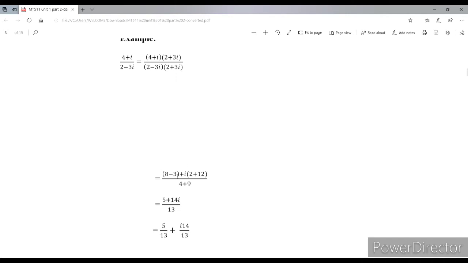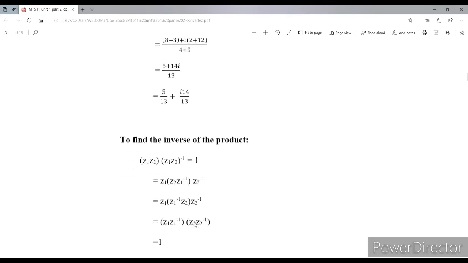A square is 2 square 4, minus b square is 9i square, but we know that i square is minus 1. Therefore, minus of minus 9, which is plus 9. That is 5 plus 14i divided by 13. Now splitting, it is 5 by 13 plus i into 14 by 13. To find the inverse of the product, that is to find Z1, Z2 whole inverse.